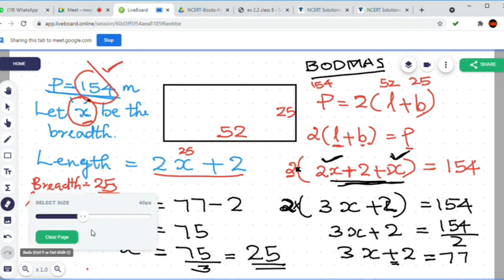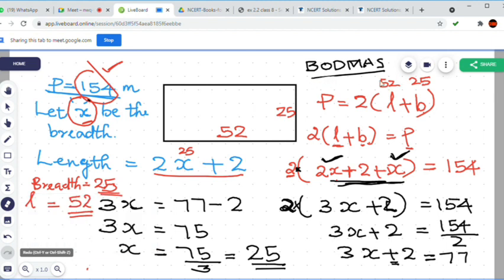So I think all of you are clear? First of all you form this equation, that is the important thing. Here perimeter is 154. Before that, you take breadth as x and length is 2 times breadth plus 2, so 2x plus 2.